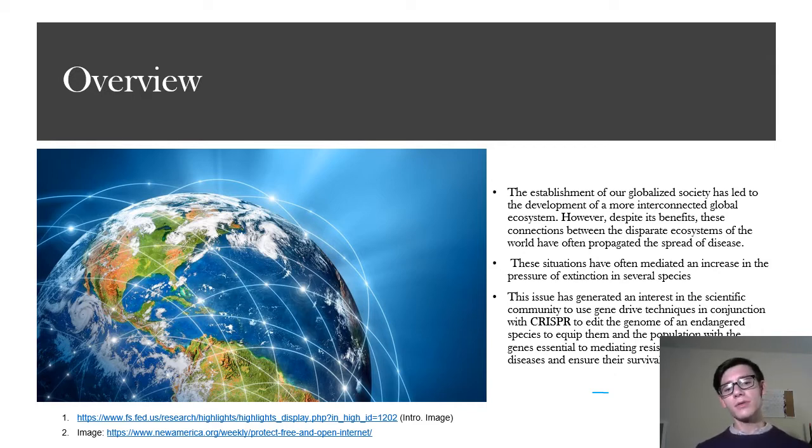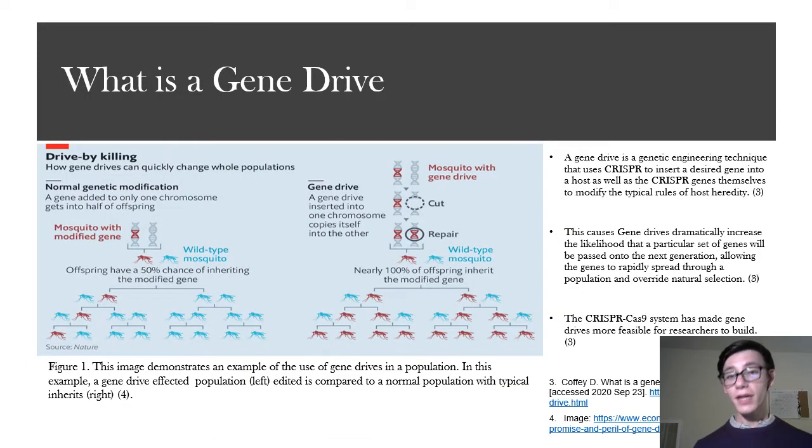The scientific community is currently trying to use gene drive technology and CRISPR to insert resistance genes into these endangered species to mediate resistance to these diseases, which could possibly restore or save these endangered species from extinction. So that actually brings me to one of my main topics here.